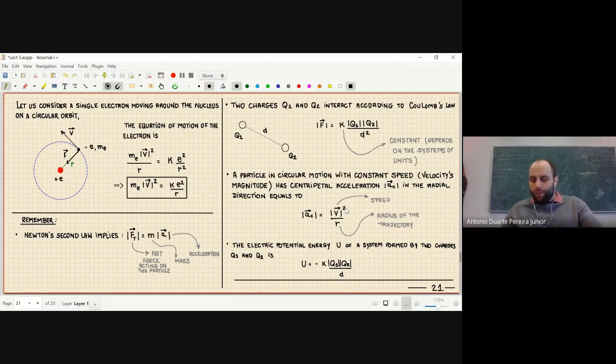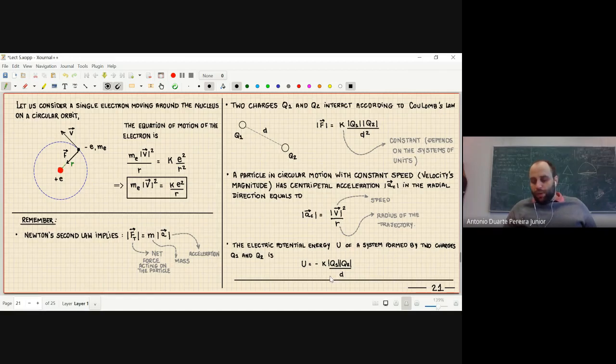So the centripetal acceleration will be the absolute value of this velocity, whose magnitude is constant, squared, divided by the radius of the trajectory.